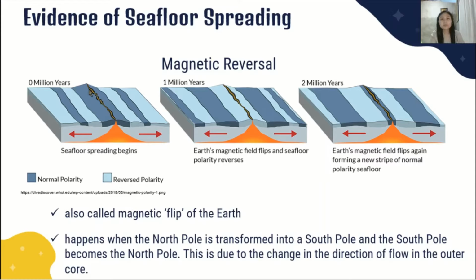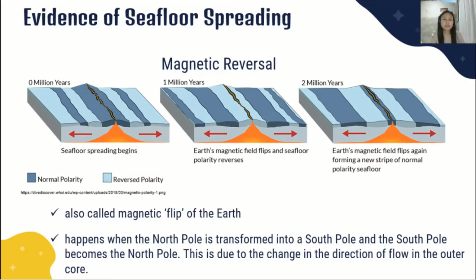Remember that iron is magnetic. So when it solidifies and turns into rock, it will align itself.